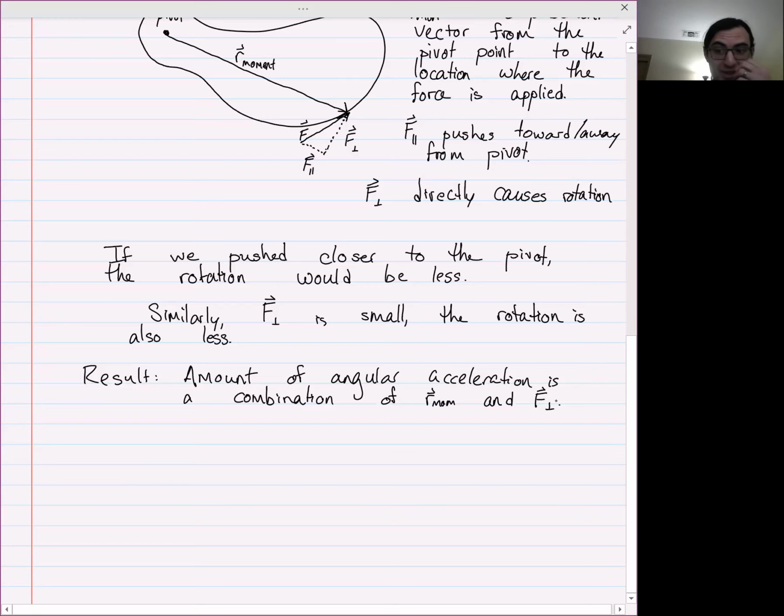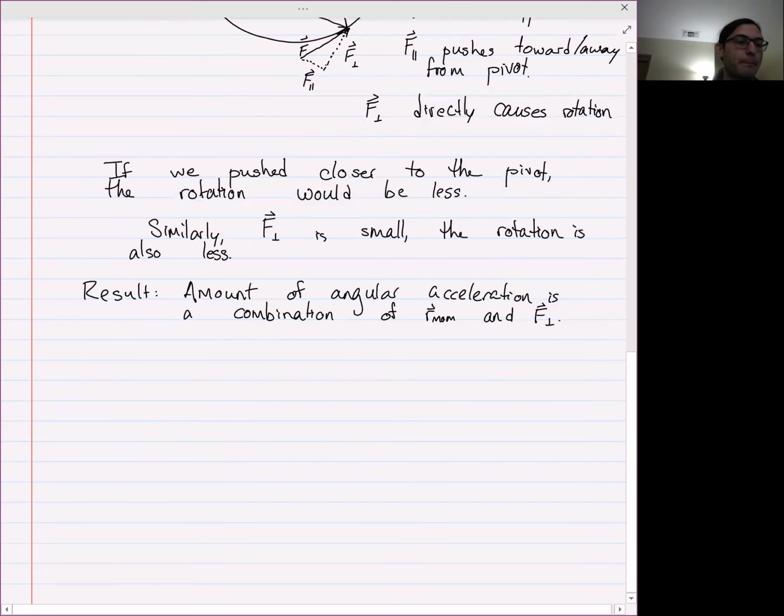So the question now is, how do we actually combine them mathematically? Well, let's just draw a simplified picture. Let's say that this vector is r moment, and I'm going to drop the subscript now and just call it r. If this vector is F, and maybe that angle is theta, then this vector would be F perp.